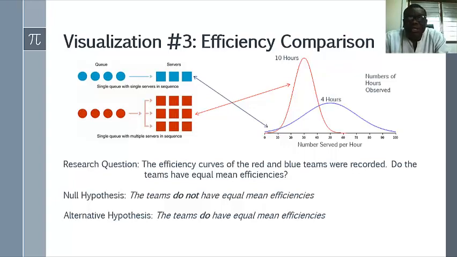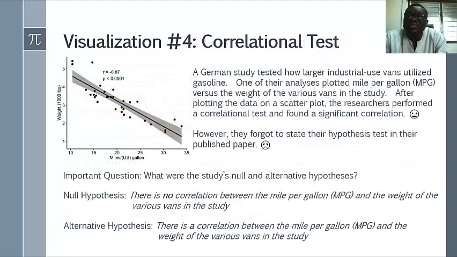Let's go to visualization number 4, which is a correlation test. A German study tested how larger industrial vans utilize gasoline. One of the analyses plotted miles per gallon, MPG, versus the weight of the various vans in the study.